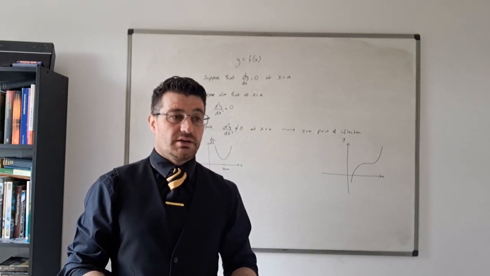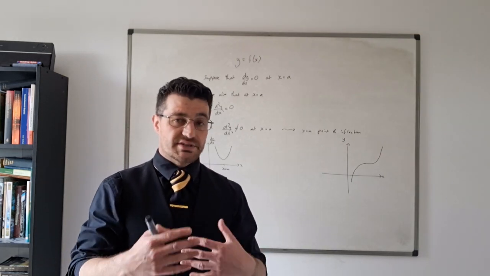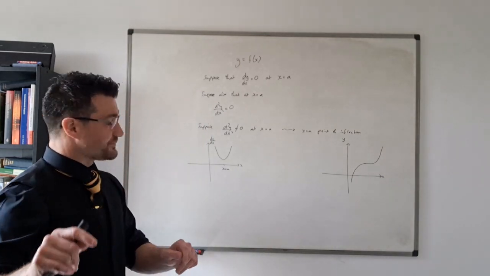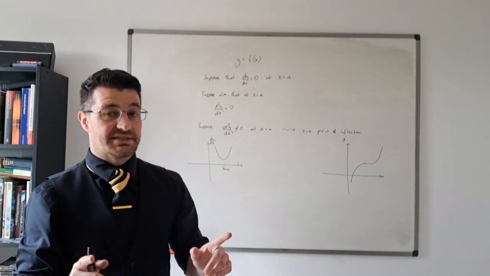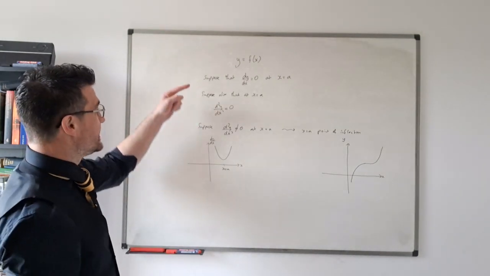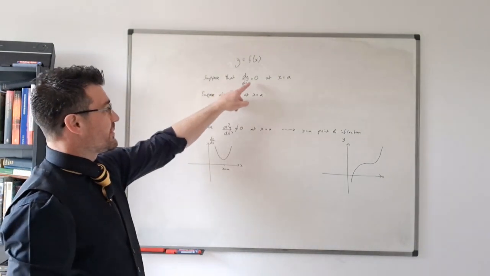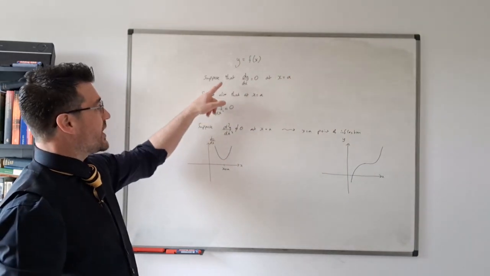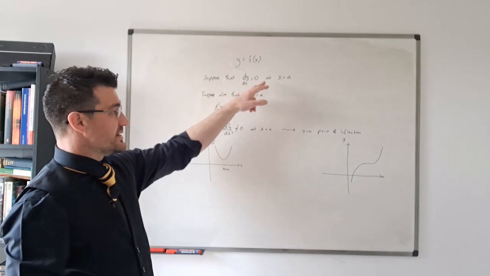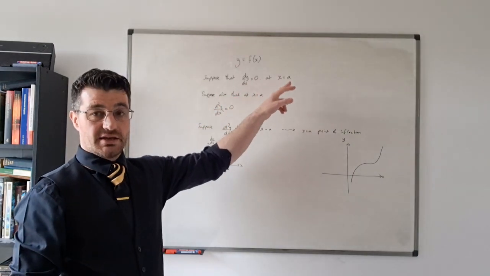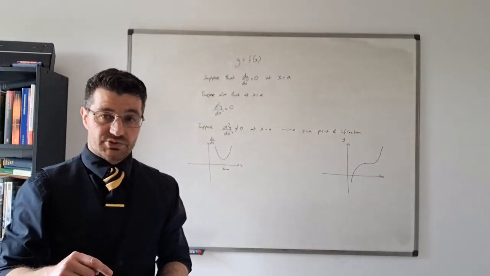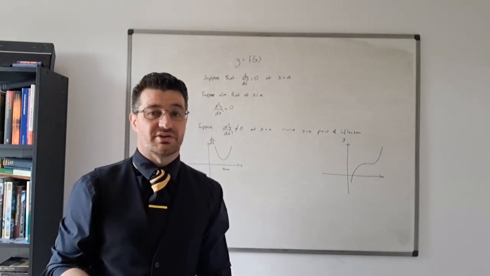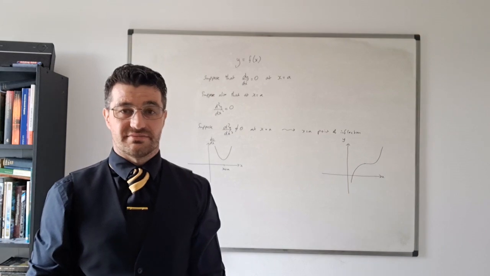So there's various different combinations that you've got to take into consideration. Also, by the way, notice that this is all centered around a particular case as well. Here, dy by dx equals 0 at x equals a. If dy by dx is not equal to 0 at x equals a, and you get that the second derivative is equal to 0 at x equals a, then you can conclude that you've got a point of inflection.